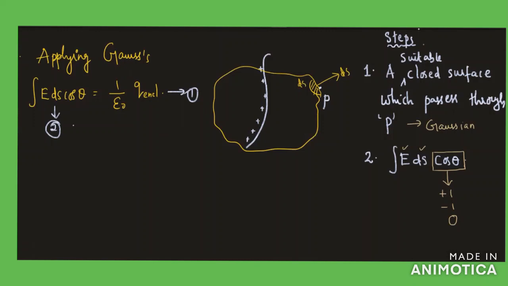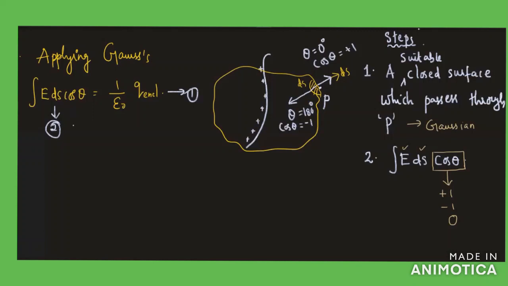If the electric field is in the same direction as the area vector ds, theta will be equal to 0, and cos theta will be equal to +1. And if the electric field is in the opposite direction of the area vector, the angle will be equal to 180 degree, and cos theta will be equal to -1.